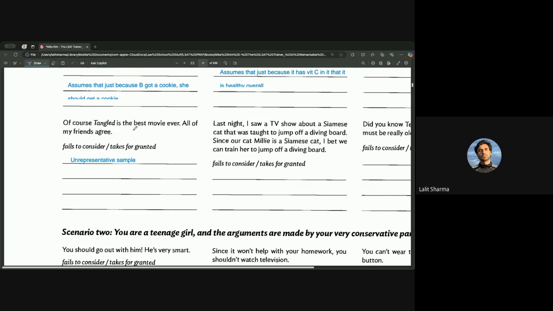The other thing, when it says best movie ever, because her friends agree with her. What do you think about that? Can you say that something is the best ever because a bunch of people think it's the best ever? I would say no, not necessarily. If something is subjective like that, does that mean it's the best?